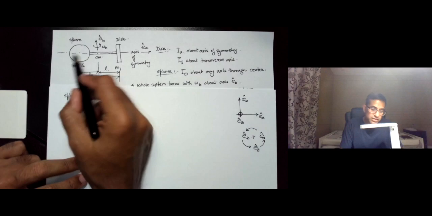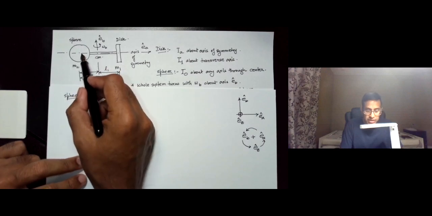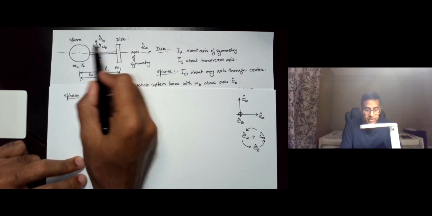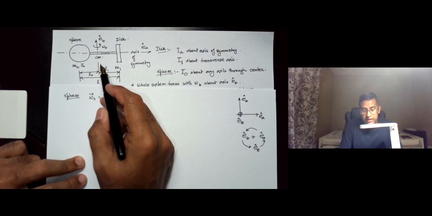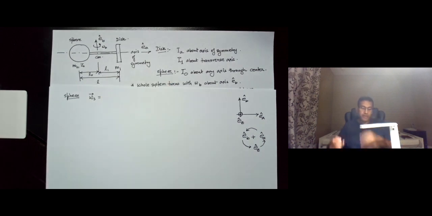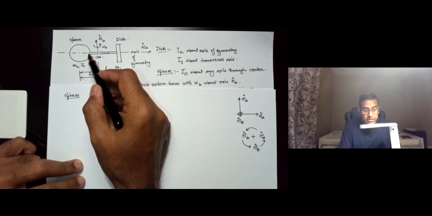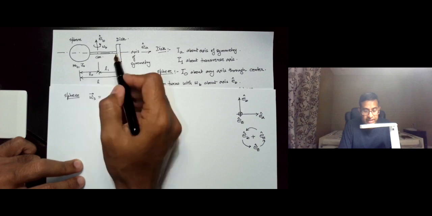So let us first consider the sphere. The sphere initially is just turning about this EB axis, and at an arbitrary instant, once the torque gets activated, there is going to be an angular velocity along this axis of symmetry.